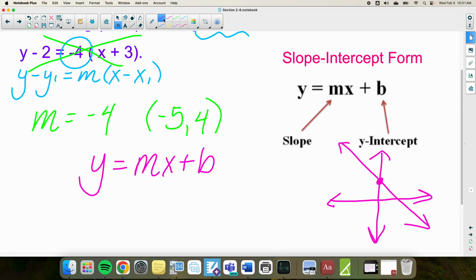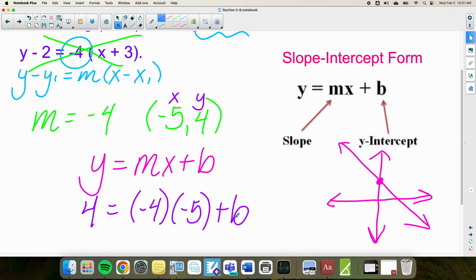So we're gonna plug in what we have here. This is our x, this is our y, this is our m, and what we have to find is b. So in for y is 4, in for m is -4, in for x is -5, and then b is what we're looking for.